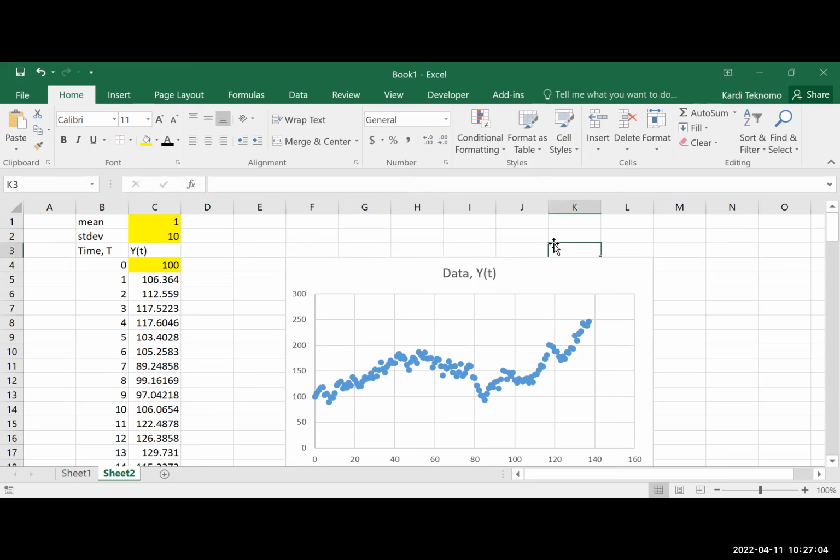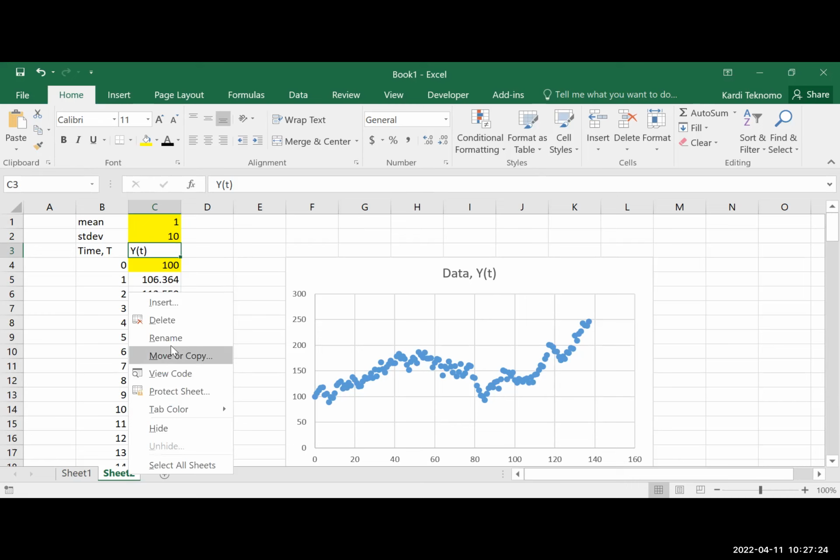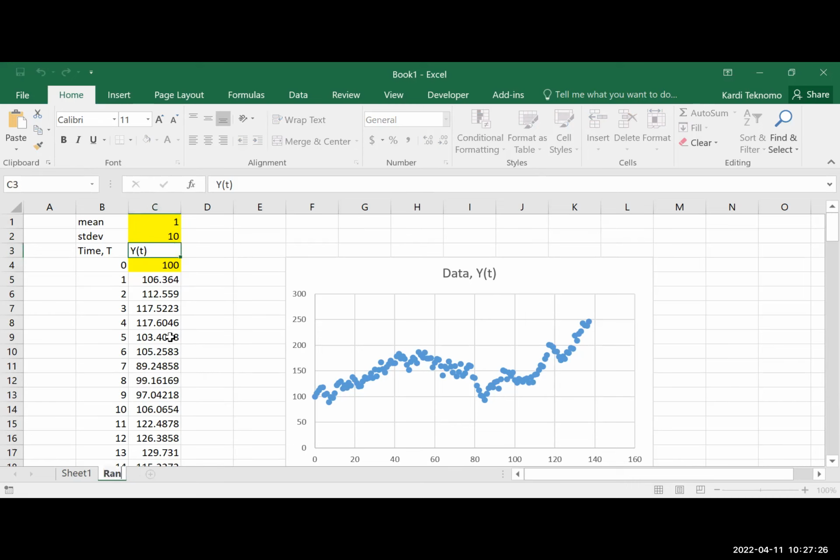Now I want you to get the pattern of that data. So this is called random walk. Okay, so this is called random walk. Random walk.